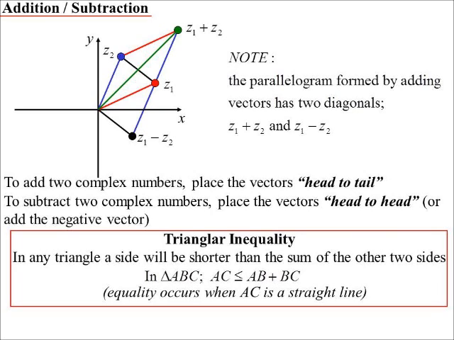So the length of the green vector will be bigger than the length of the blue vector plus the length of the red vector. And so what does that prove? That proves that the modulus of Z1 plus Z2 must always be less than or equal to, if they were in a straight line, they would be equal to, the modulus of Z1 plus the modulus of Z2. Okay. So that's what I'm saying there.